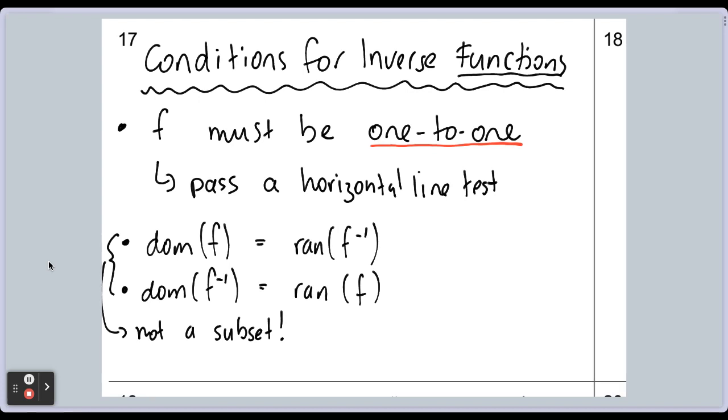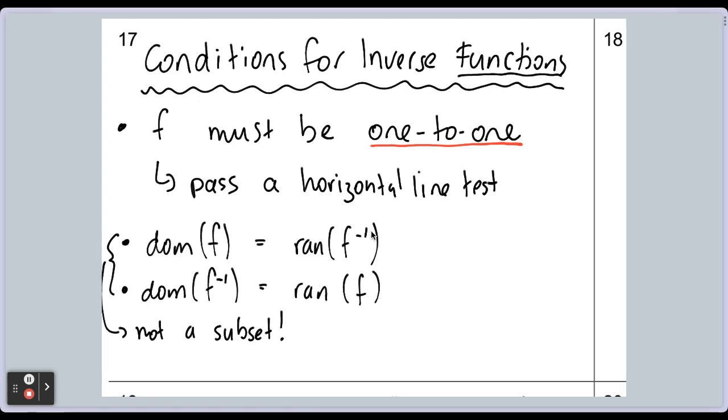The other thing that is necessary for it to have an inverse is that the domain of the function must be the same as the range of its inverse, and the domain of the inverse must be the same as the range of the function.